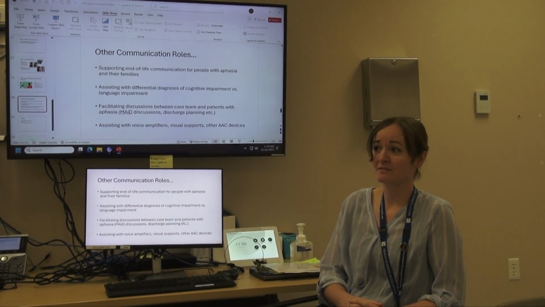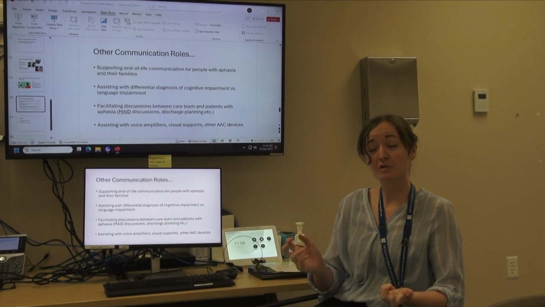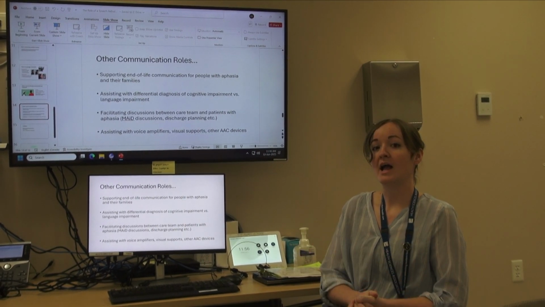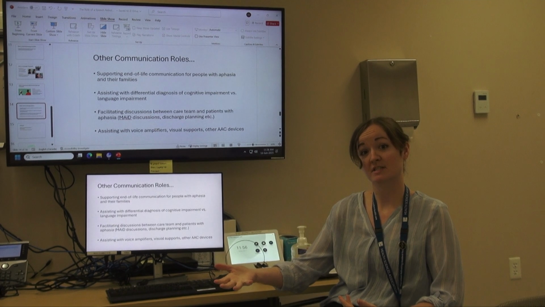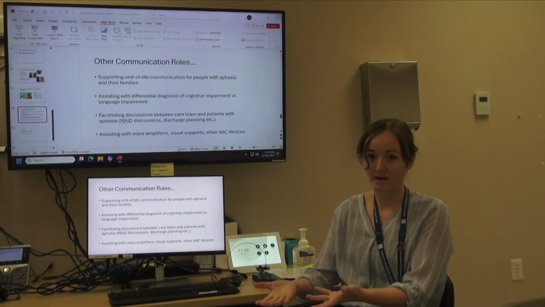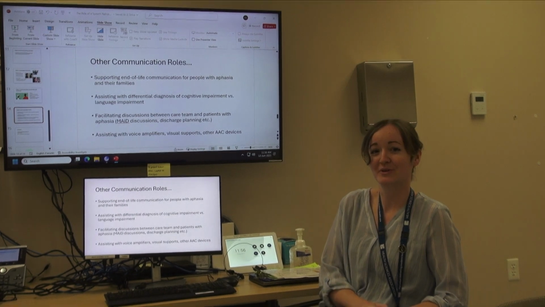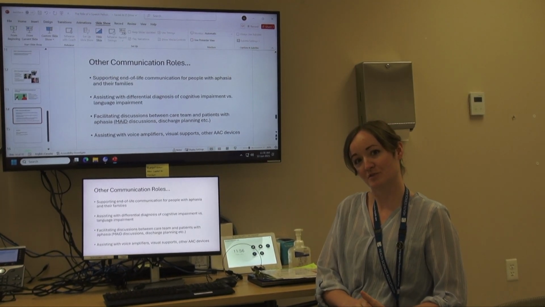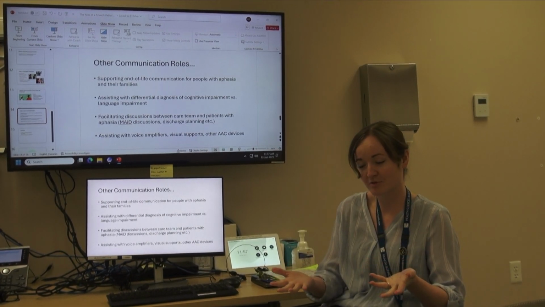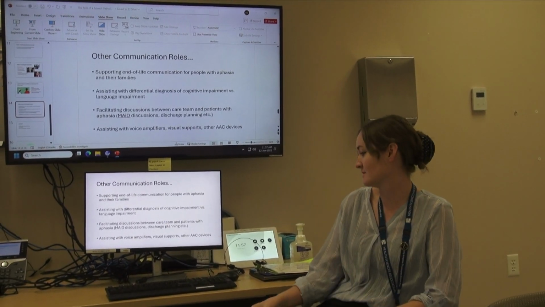Because I have seen far too many times people with aphasia being referred to as confused or cognitively impaired, and then an SLP comes on board, does their assessment, and realizes that actually they're cognitively intact, they just have no way of communicating that to us. So if you suspect that there is someone on your caseload who might fit that description, or you're just trying to make sure that you are optimizing your communication, don't hesitate to refer. I'm happy to help out with those things.